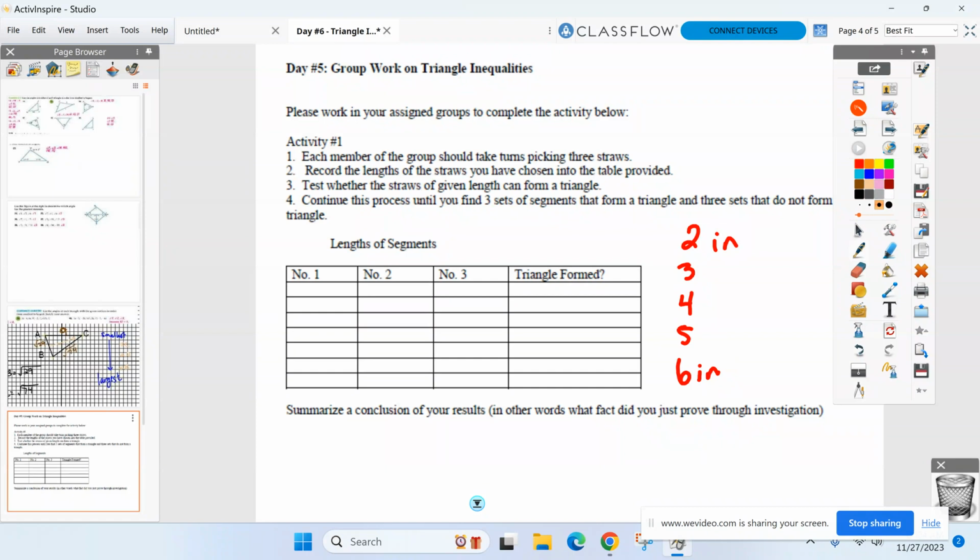Here we go. Let's get to work. Wait, who's doing what? Charlie, you want to do 2? I'll do the 6. If anybody needs extra, because I didn't give you enough, let me know. I did the 6 and 2. 6, 5, 4. Oh, my protractor? That's all I need are those pieces. And then I'll tell you your next job.